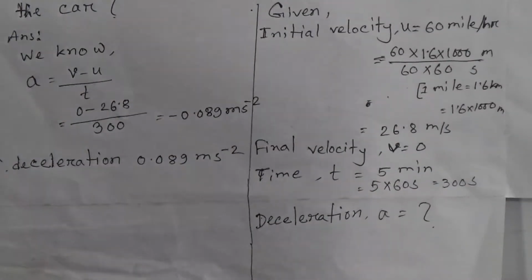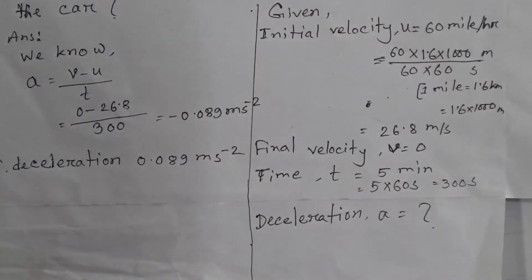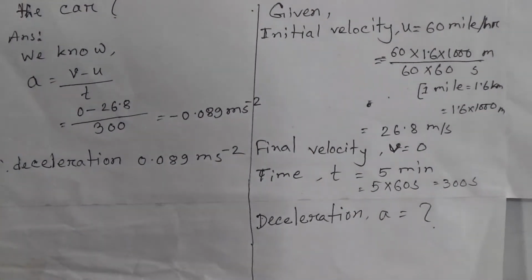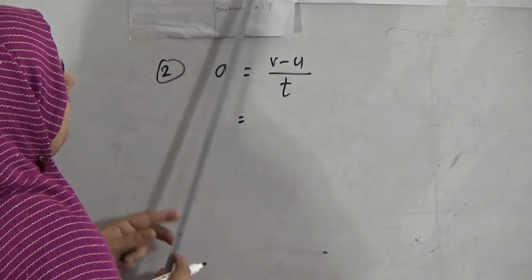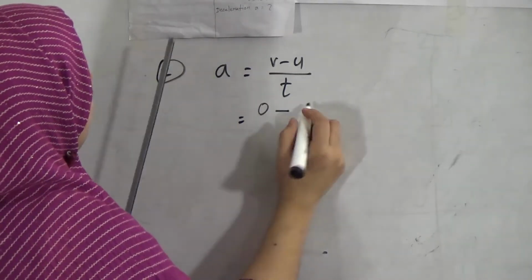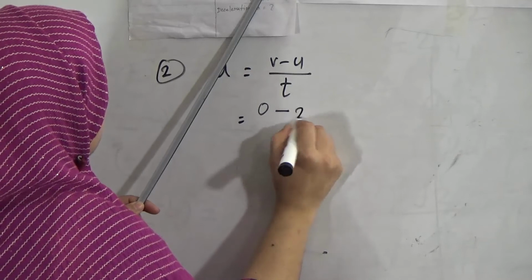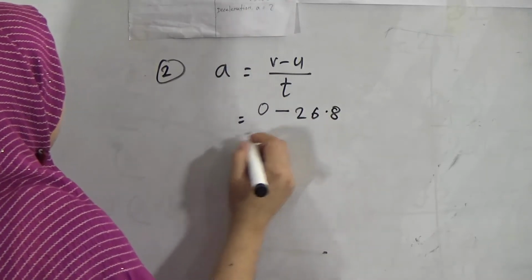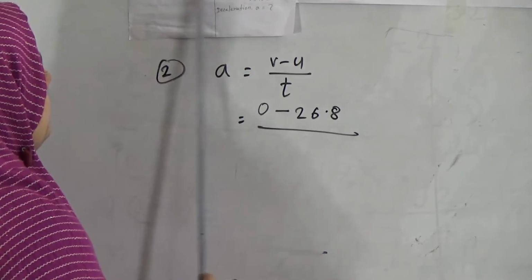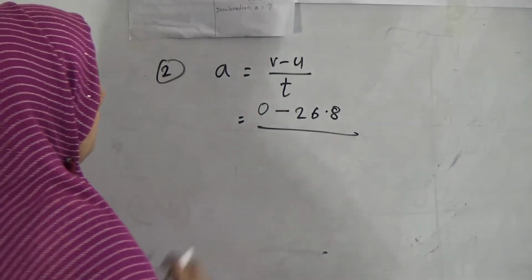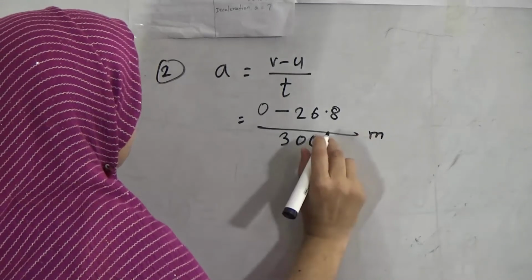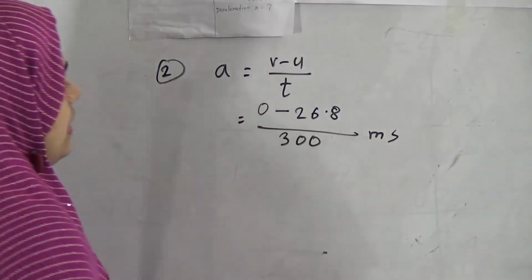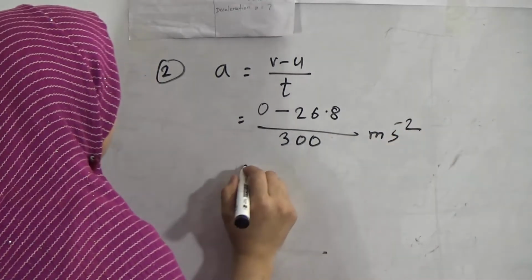Now we will solve this. We know a equals (v minus u) divided by t. Here v is 0 and u is 26.8 meter per second, divided by time t, which is 300 seconds. The unit of deceleration is meter per second squared.